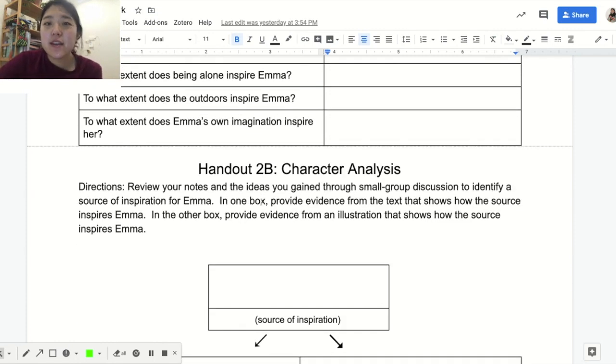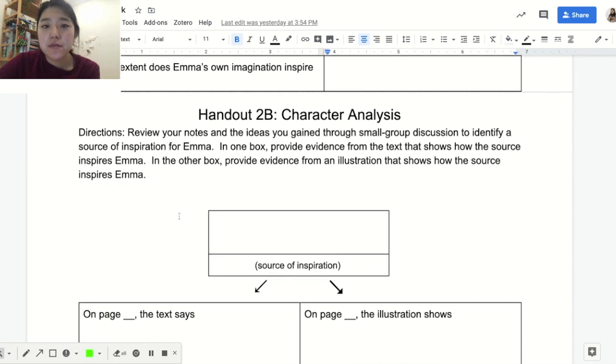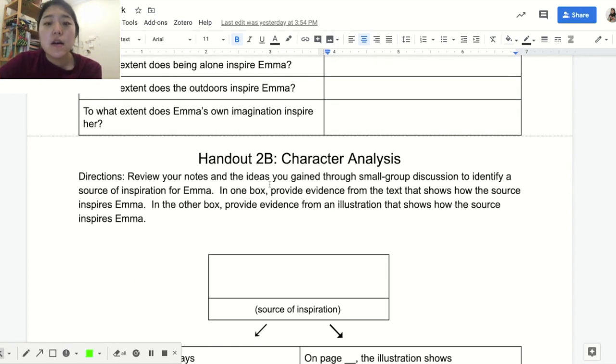Okay. And finally, the last part of your classwork is a character analysis. So I kind of broke down Emma's character just from page 22, but I want you to really analyze who she is after listening to the story or rereading the story again. So the directions say review your notes, which is classwork from yesterday, as well as your answers up here.